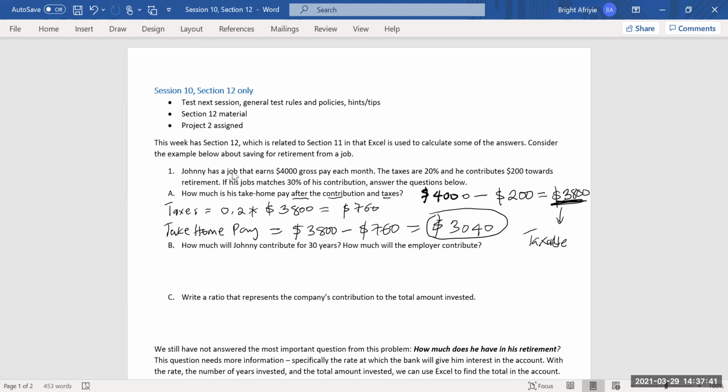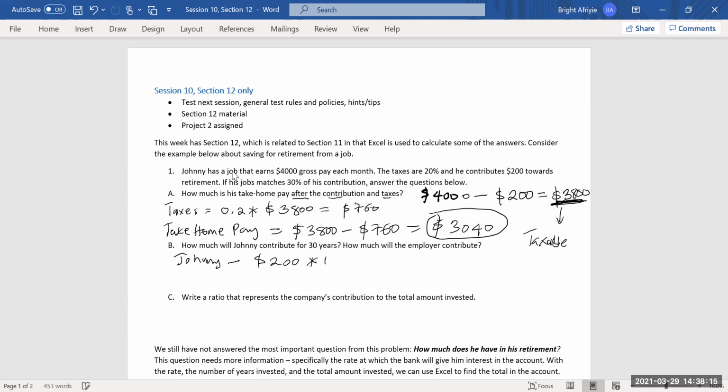Now, how much will Johnny contribute for 30 years? We want to know Johnny's contribution, and we want to know how much his employer will also contribute. Johnny contributes $200, and he does that for 30 years.